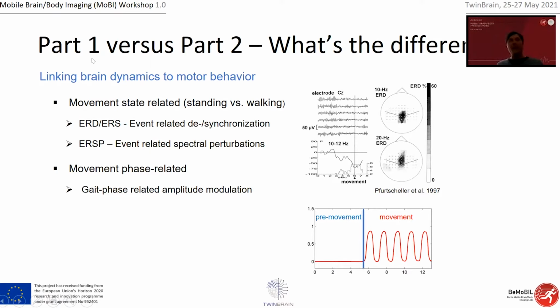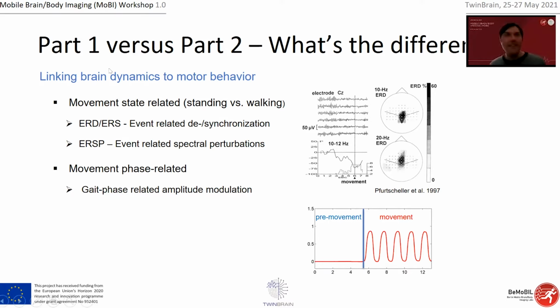And that is what I mean with the first part. What I usually call in my papers movement state related activities, because you just compare the state of pre-movement or non-movement in contrast to the movement, right? If you would think of a regressor model, it's just a binary comparison, 0 and 1, and that is the contrast. That is the simple thing we can do, just comparing the difference between any movement, including gait, and being still.